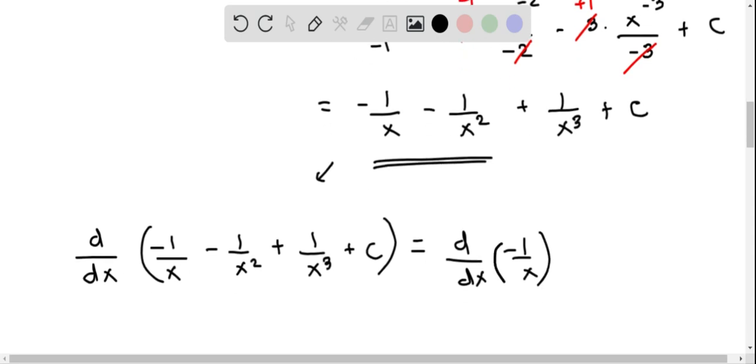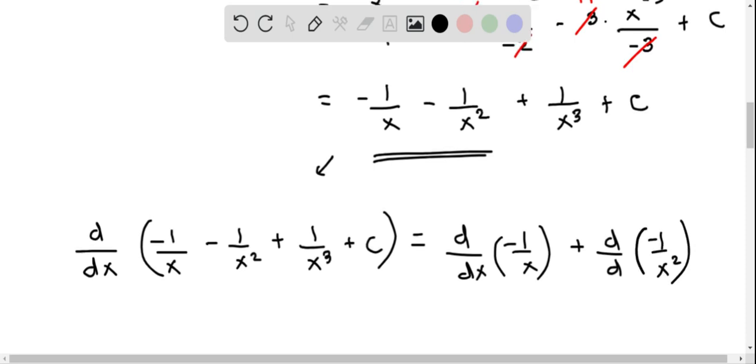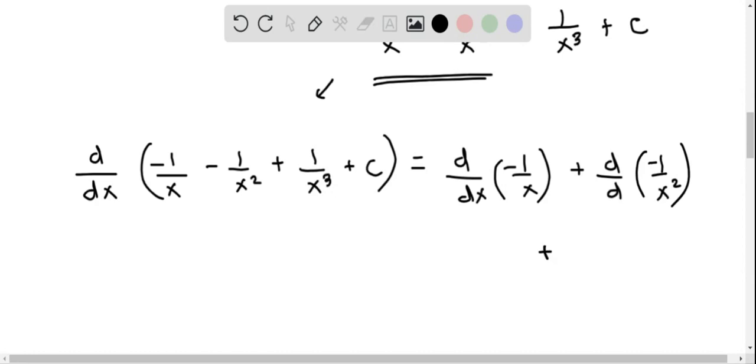That is, when you differentiate the sum of terms, it's equivalent to differentiating each term one by one. Then this becomes differentiation of minus 1 by x squared. Then we have the third term, that is differentiation of 1 by x cube, plus differentiation of constant.